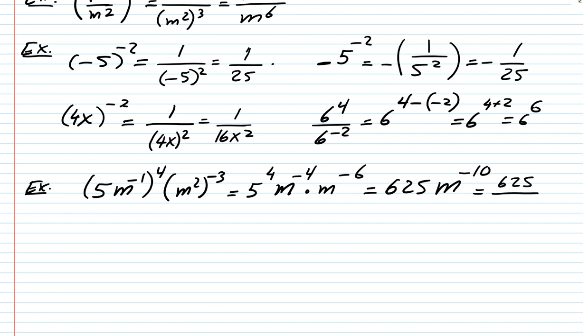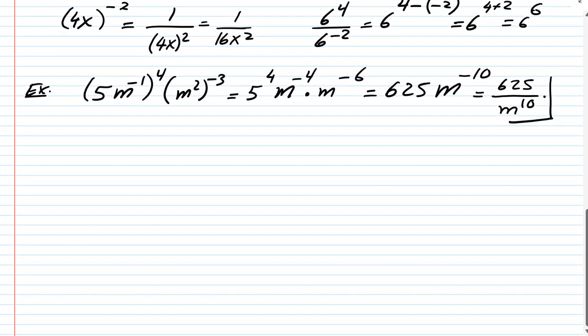Therefore, I can use the negative exponent rule to rewrite it as such. And this will be the final answer. I simply moved m to negative 10 to the denominator of a fraction. Okay, got that one down.